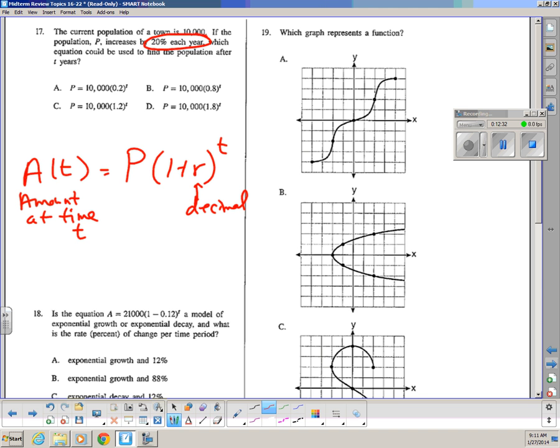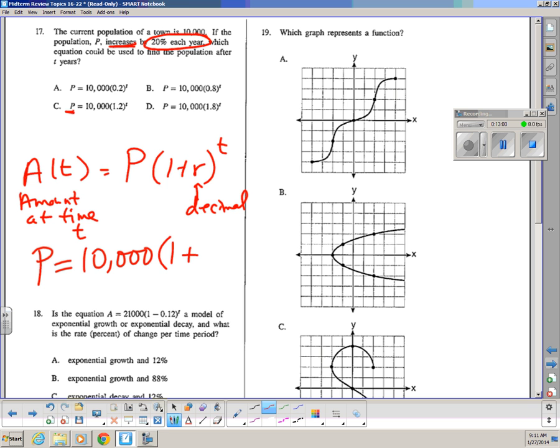So here we are. Now they called this P equals. So they're not kind of using P in the same way I am, but that's okay. Their P is their amount. So I'm starting with 10,000. That's my initial amount, or my principal, if you will. Then I have 1 plus the population is increasing, so we should be going up. If we're decreasing, this would be a subtraction symbol, but since we're going up, we're going to use a plus sign.